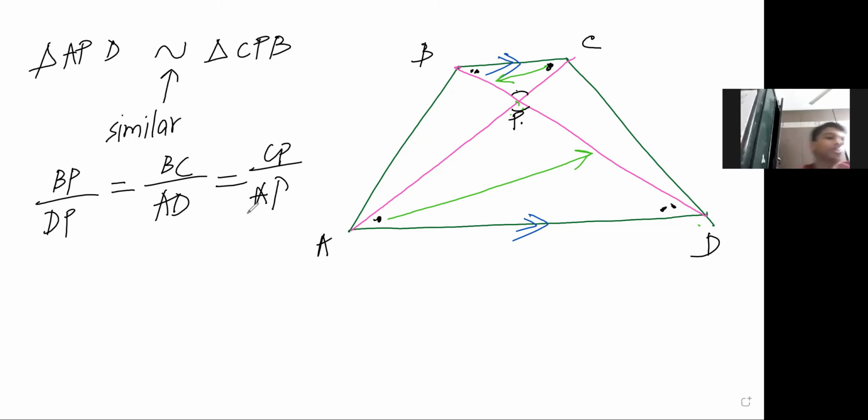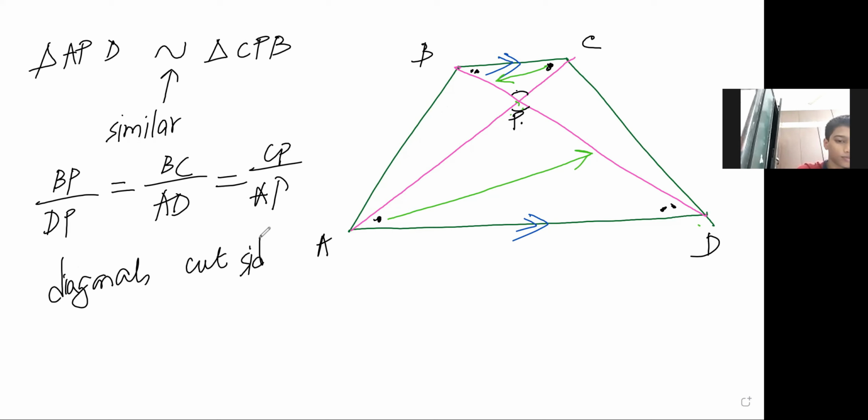So this is a constant ratio. You understand? These ratios are constant. That is what we mean when we say that diagonals cut sides in a constant or fixed ratio. So we can say this is some constant k. Correct? So we can actually solve many questions based on this.